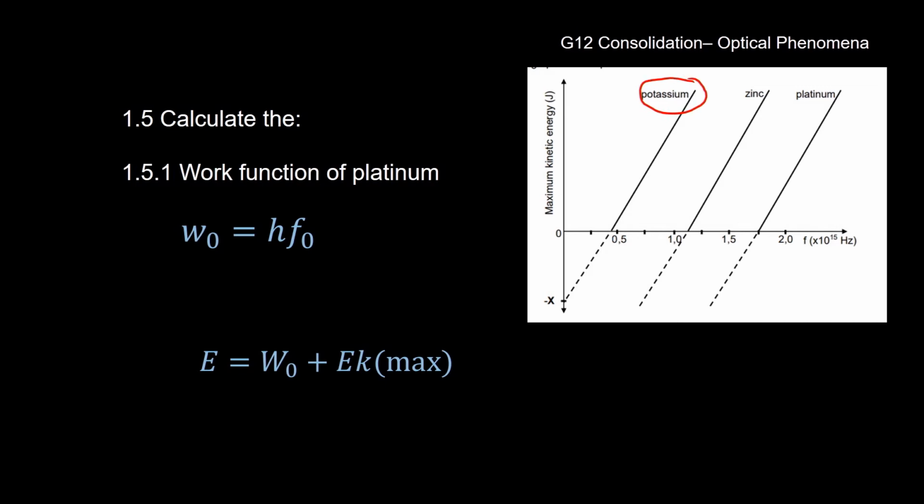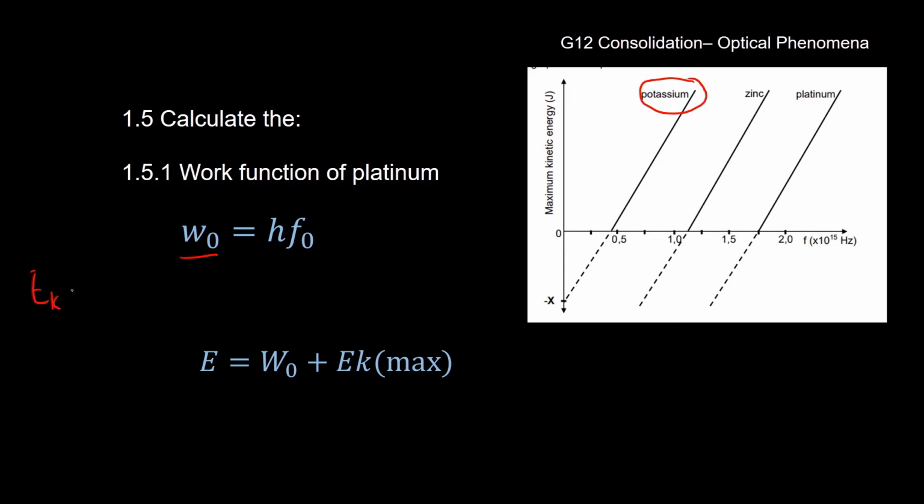Work function is W0. Now, work function is the minimum amount of energy that an electron requires to be ejected or emitted from the surface. It is the amount of energy needed to move it from just below the surface to just on the surface.